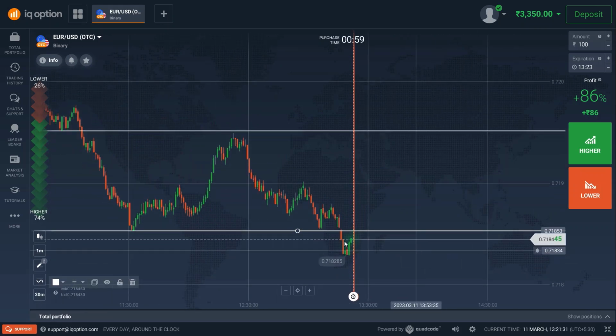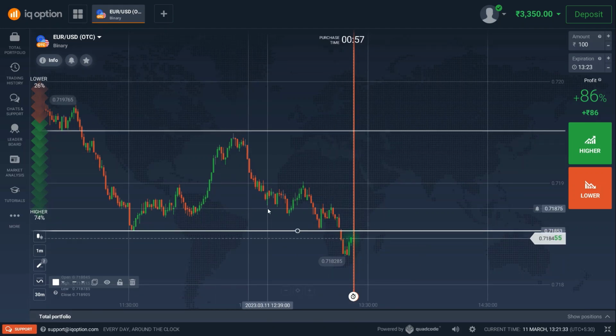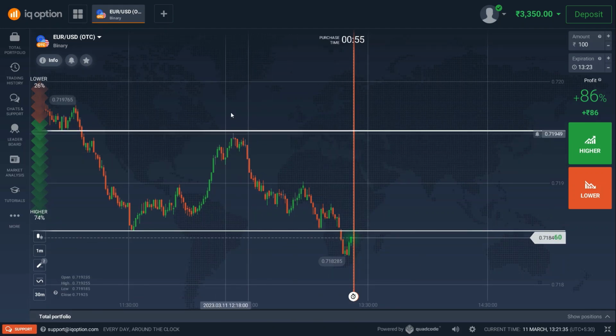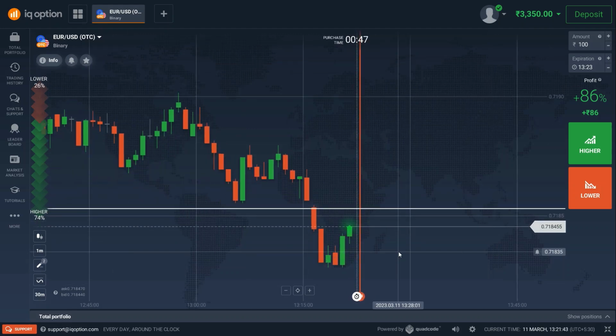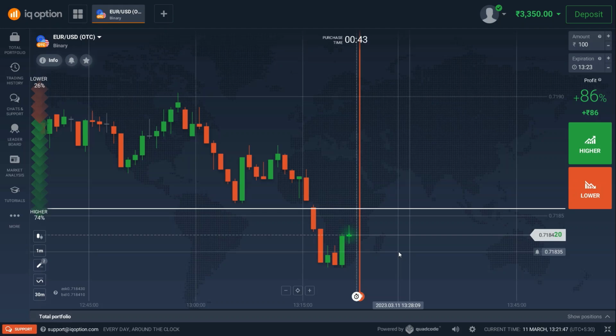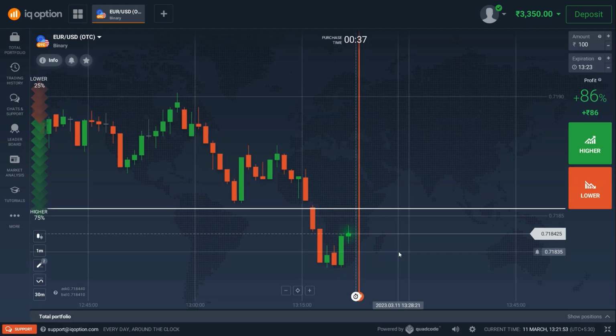As you can see, this was the level. This is the larger time frame resistance level, and this can play as a good minor resistance level. I'll just skip forward and take the trade, and then I'll explain the trading setup.